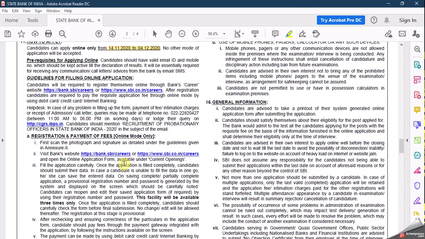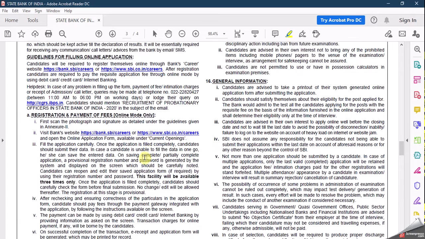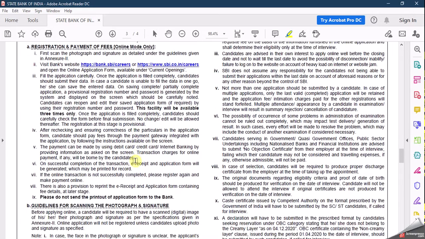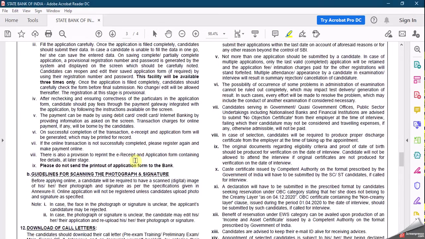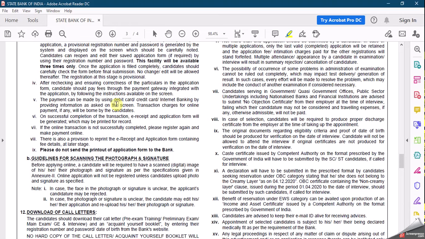Keep this in mind, that after filling this exam form and taking its printout, you don't have to send any printout of the application form to the bank. If you are shortlisted for phase 3, then you will be asked to come with all these documents.